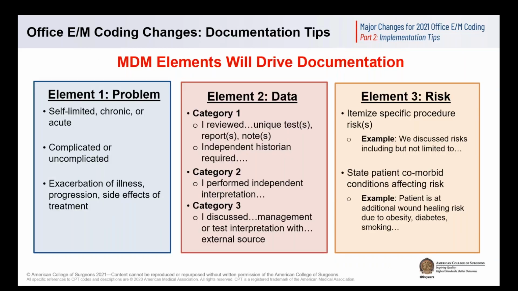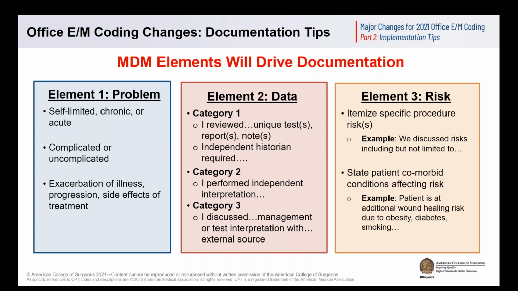Again, we have to remember that the medical decision making will drive documentation. We have the elements, which are the problems that can be self-limited, chronic or acute, complicated or uncomplicated, and various types of exacerbation of illness or side effects of treatment.